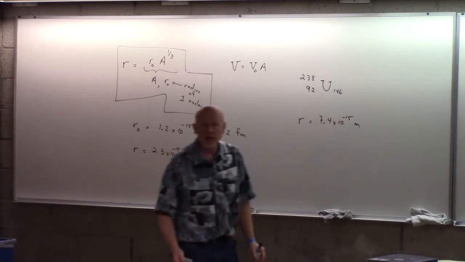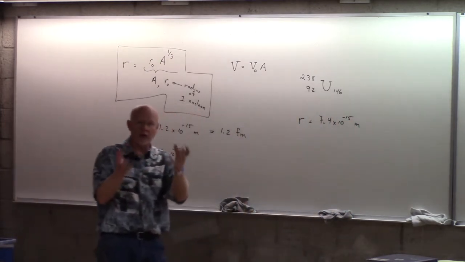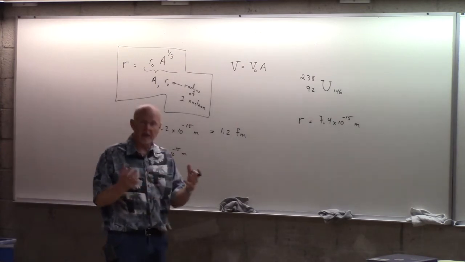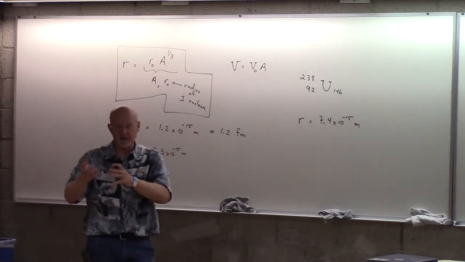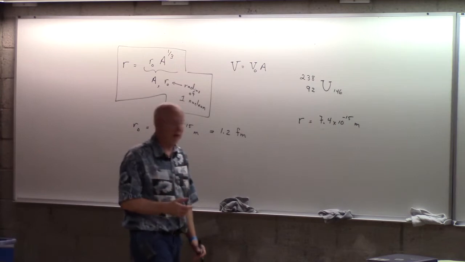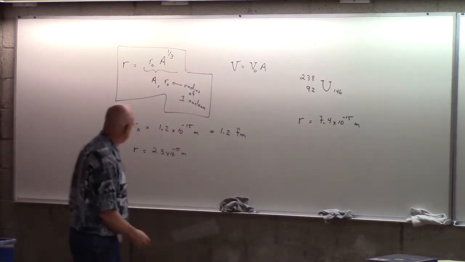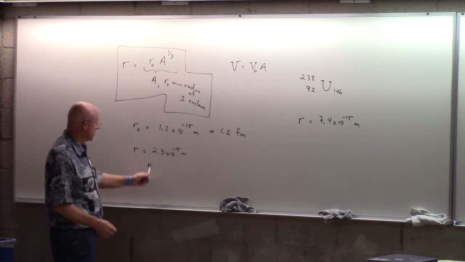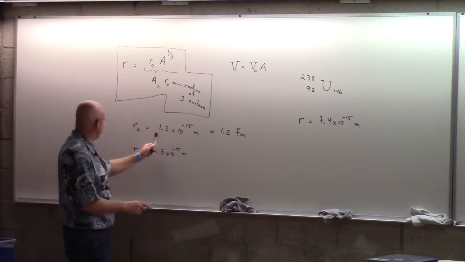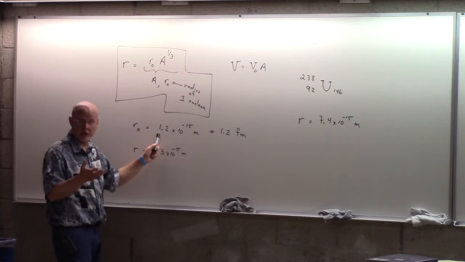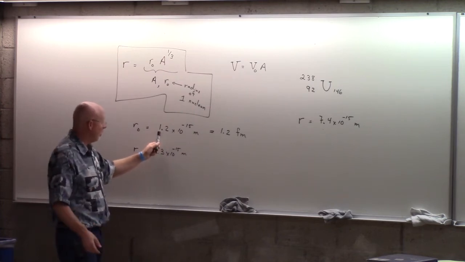So that's why at the beginning of this lecture I said all of our nuclei are roughly something times 10 to the minus 15. And so this is our biggest one, 7 times 10 to the minus 15. Whereas our smallest one, and this is lithium, but even smaller than lithium would go back to 1 nucleon, which is hydrogen, and so it would be 1.2.